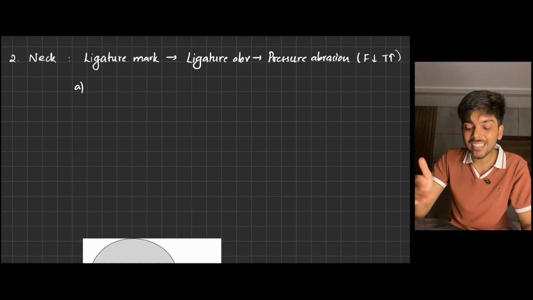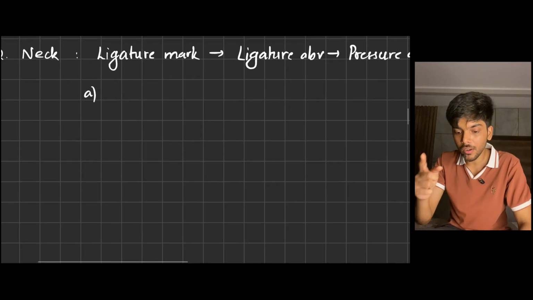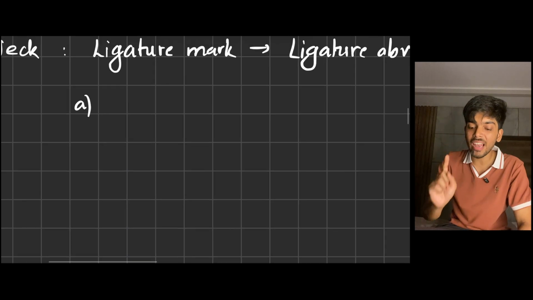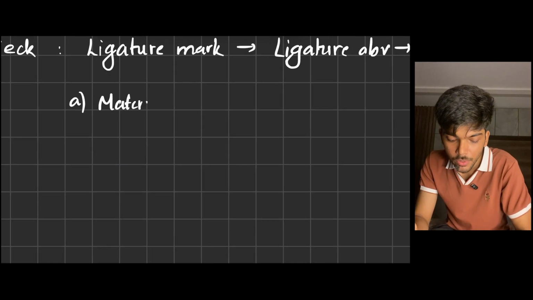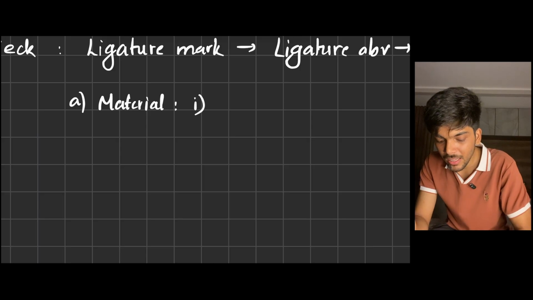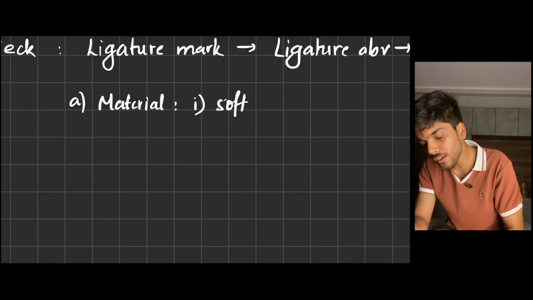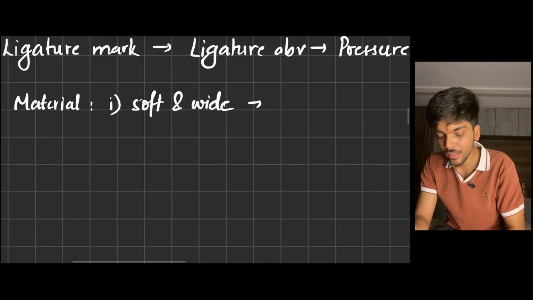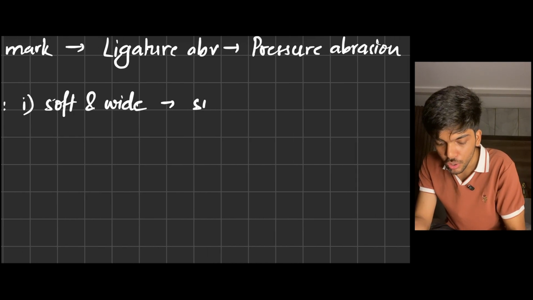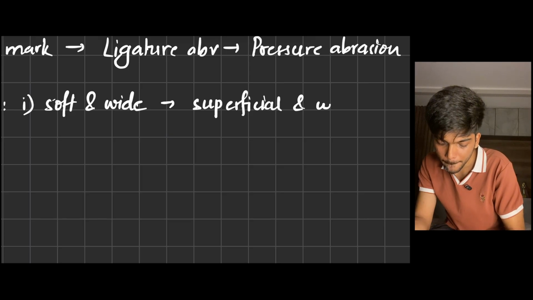Now, the characteristics of the ligature mark depend on, number one, the material used. The material can either be soft and wide, for example a dupatta, so the ligature mark is also superficial and wide.